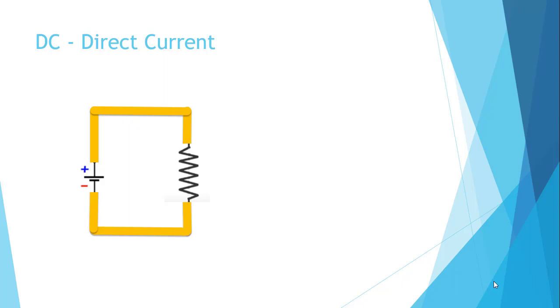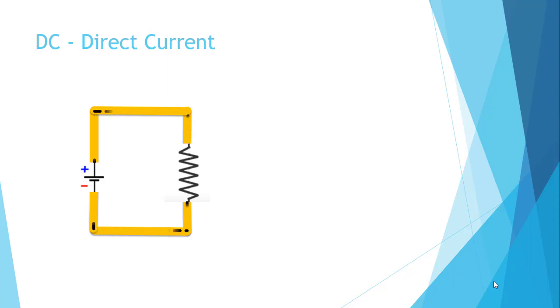Let's see this with the help of a circuit diagram. The circuit consists of a battery, let's say a 10 volt or 9 volt battery, with a positive polarity at one side and a negative polarity at the other end. Apart from the battery, you can also see a resistance, or instead you can assume it as a bulb or any other workload.